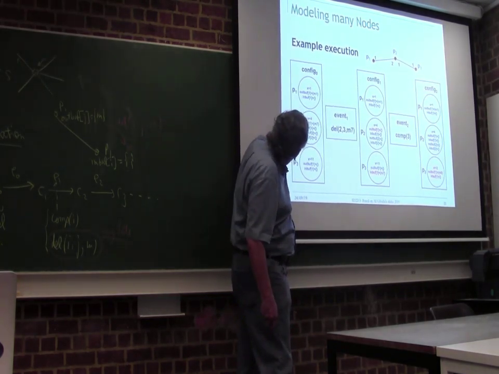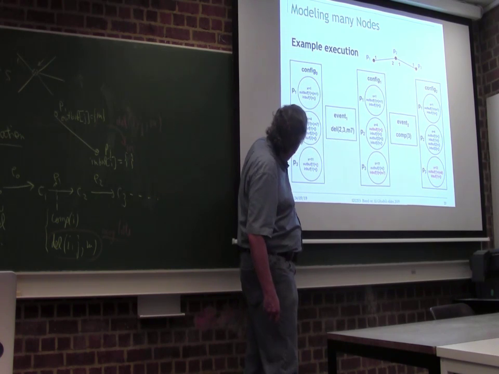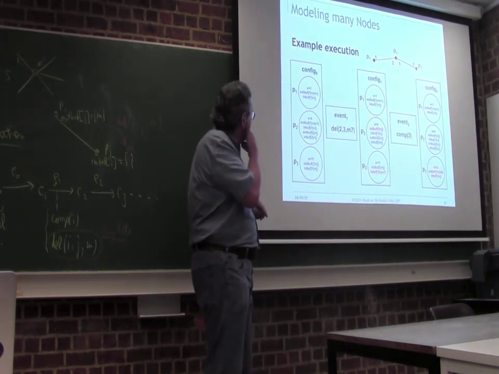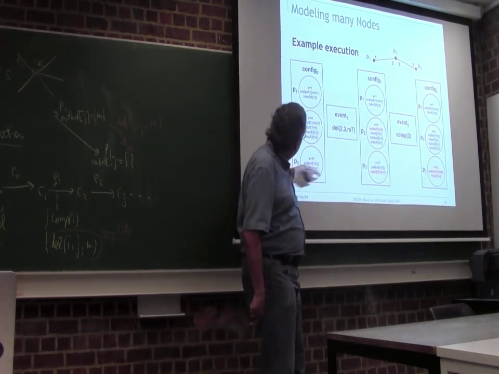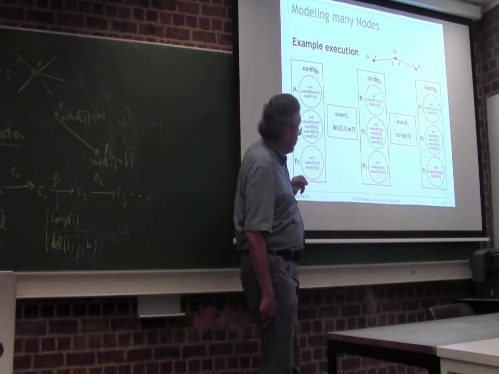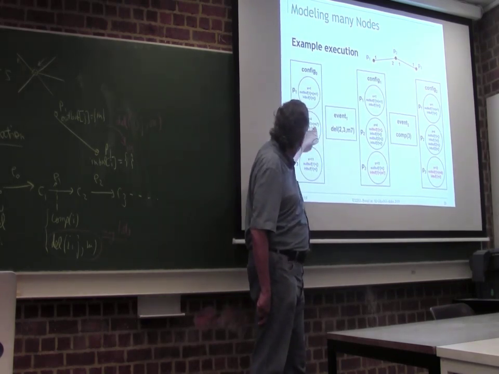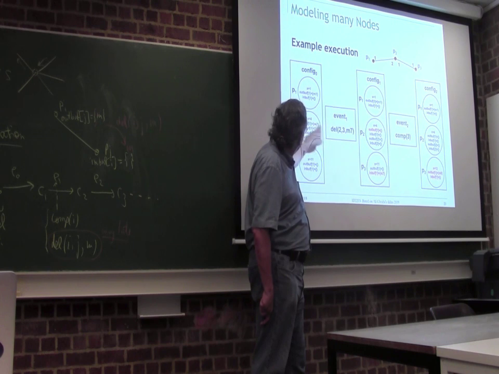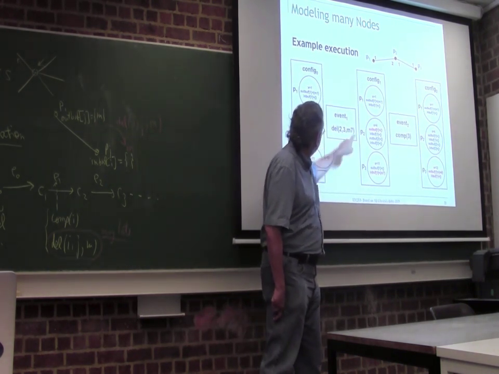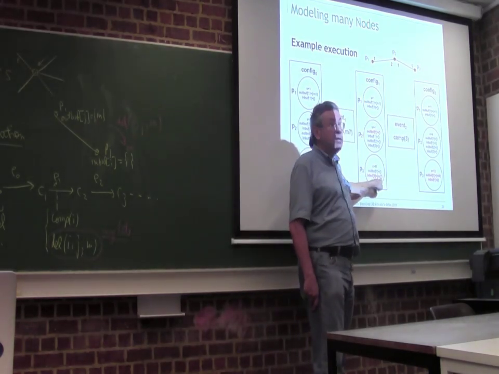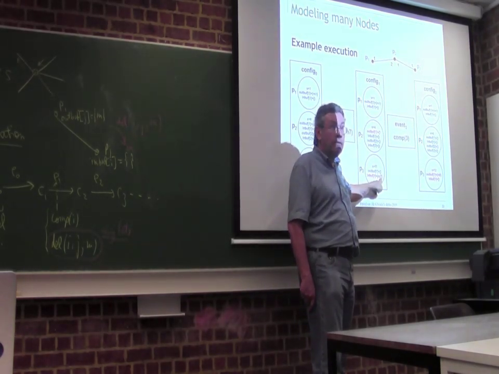P2 has two out buffs and two in buffs. P3 also has one out buff, one in buff. So let's say we have a state configuration in the beginning, where P2 has a state containing M7 in the out buff. And we have a delivery event from 2 to 3 of M7. So the M7 moves to the in buff of P3. Okay?